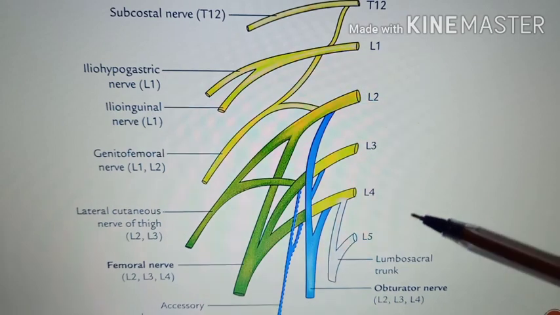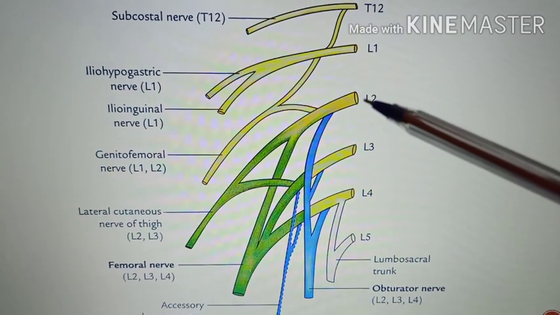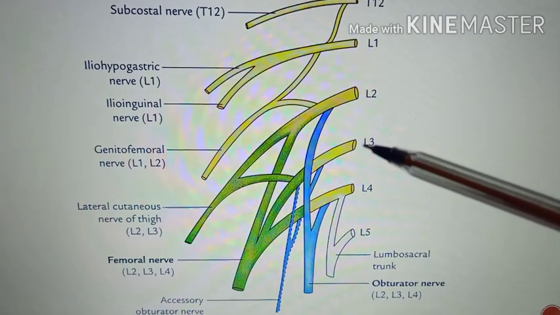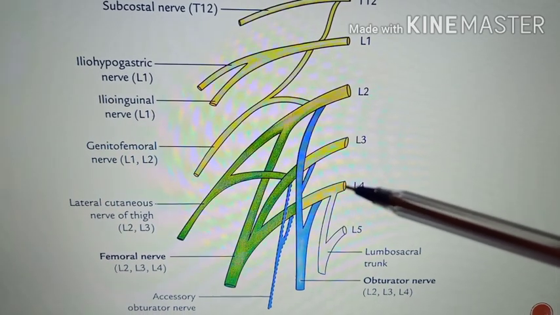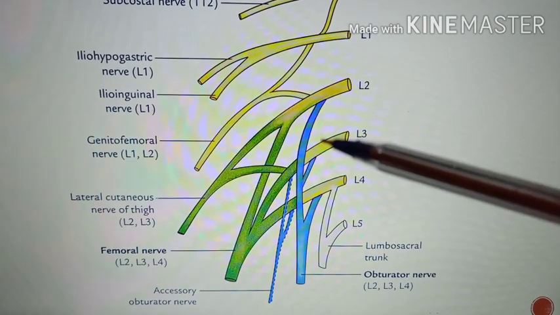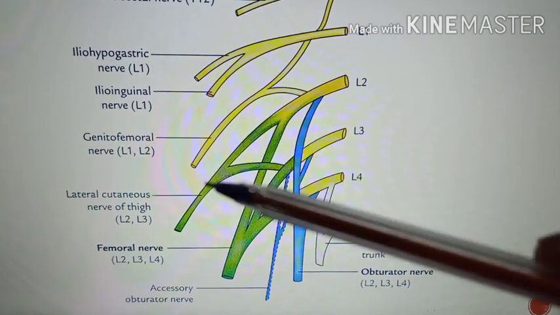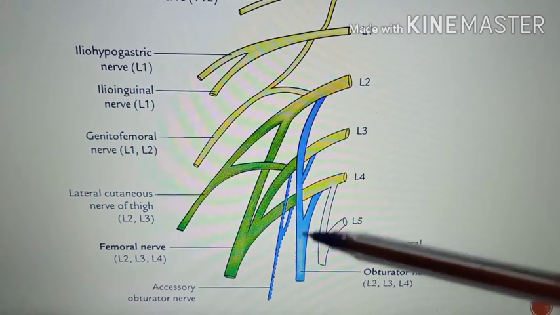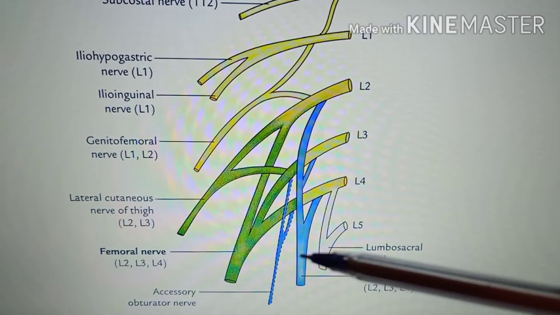Now what you can see is the second lumbar nerve, third lumbar as well as the fourth lumbar nerve, they are dividing into dorsal as well as the ventral divisions.